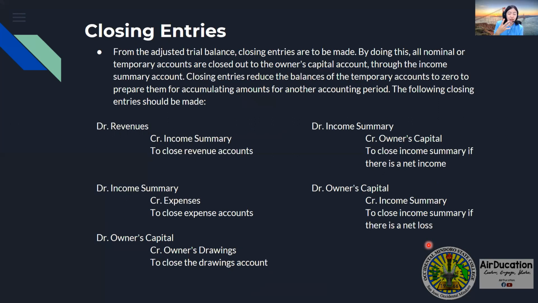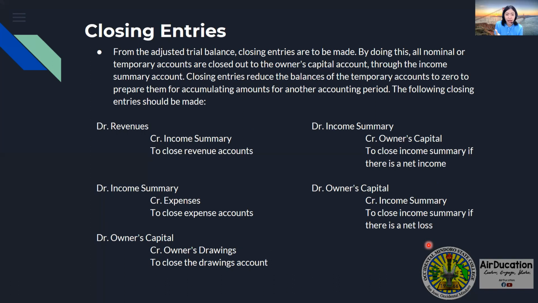Nakagawa na rin tayo ng adjusting entries. Gagawa din tayo ng adjusted trial balance. Again, same lang sa content ng trial balance before. Magdadagdag lang tayo ng mga nadagdag na adjusted accounts. Okay?